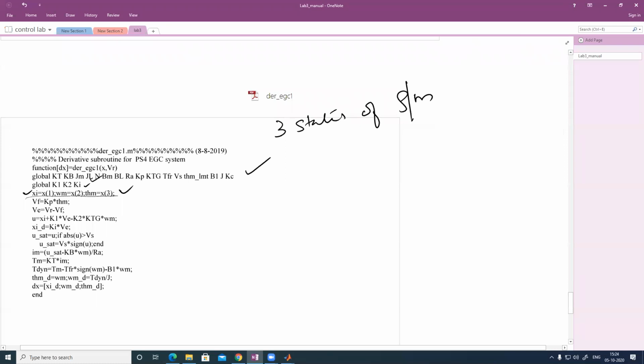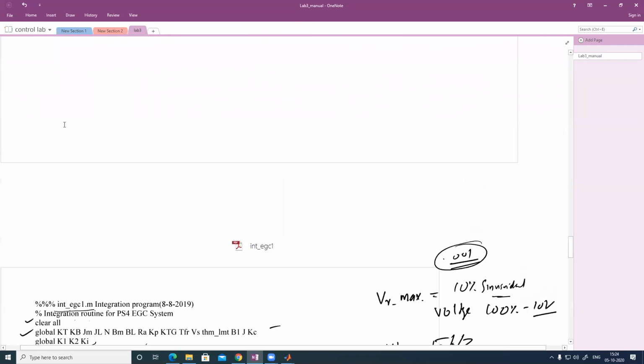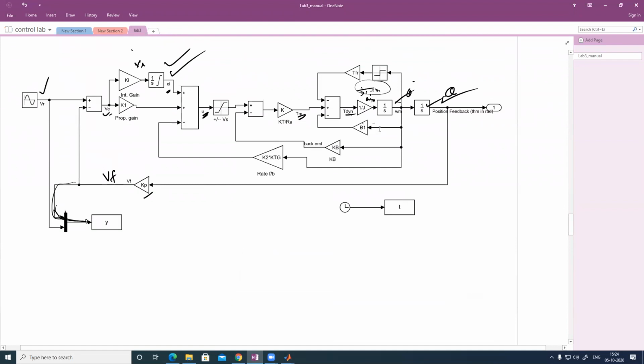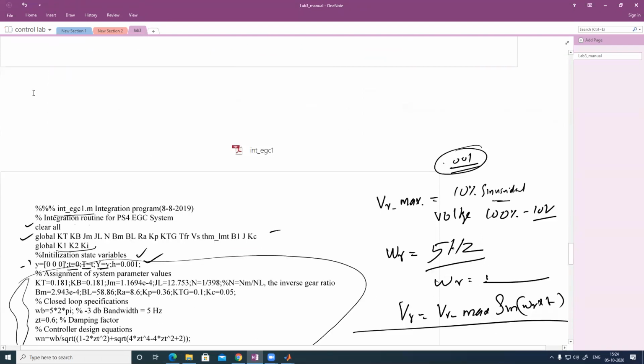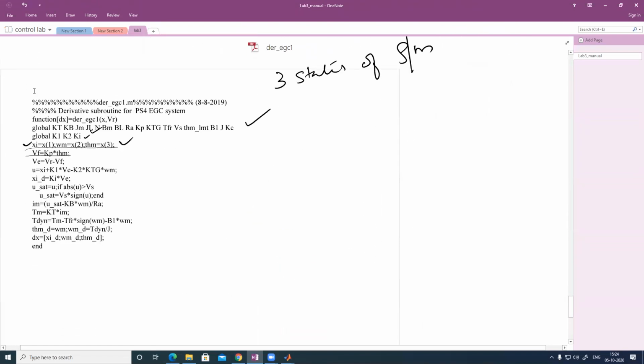Those three integrator outputs we are taking. So Vf is equal to Kp into theta m, that you know. And Vr minus Vf is equal to V.